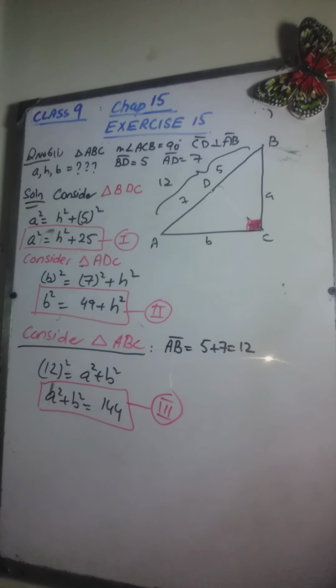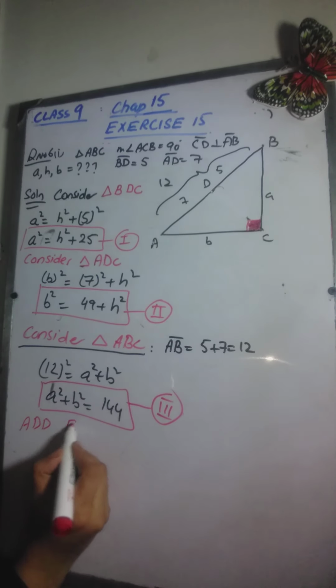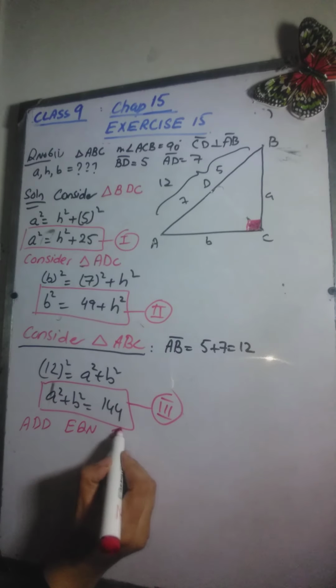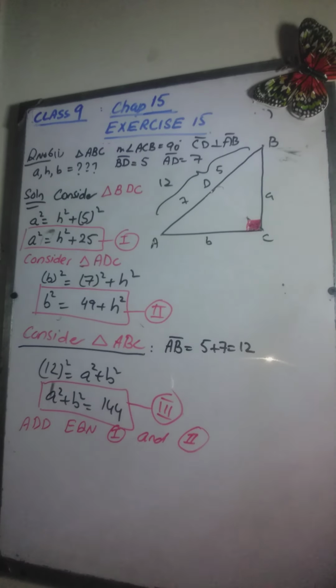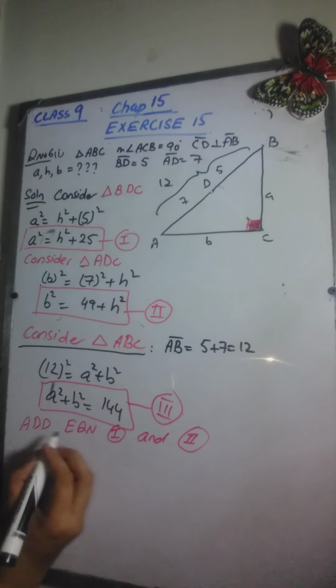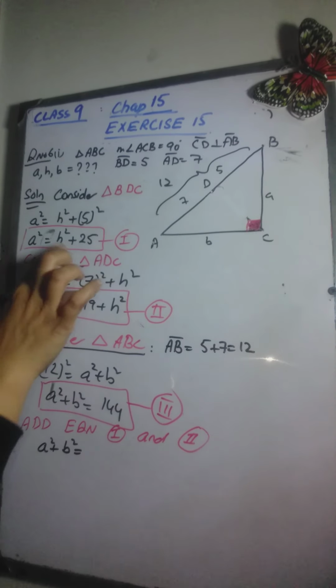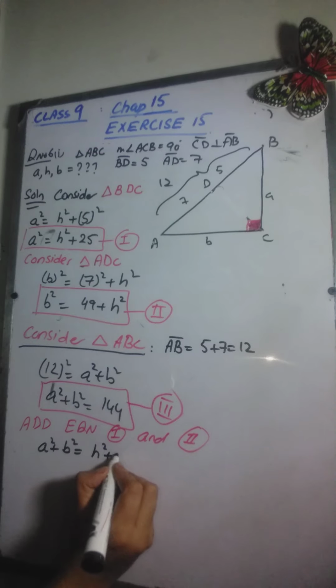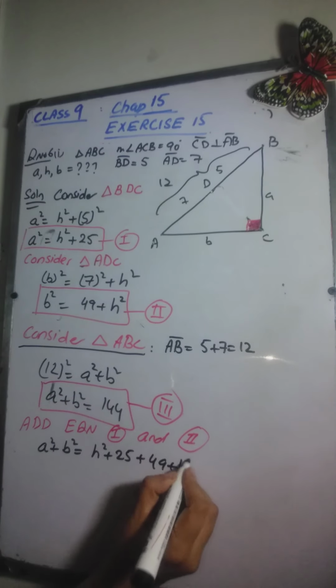Now if we add equation 1 and 2, what are we going to get? a square plus b square is equal to x square plus 25 plus 49 plus x square.